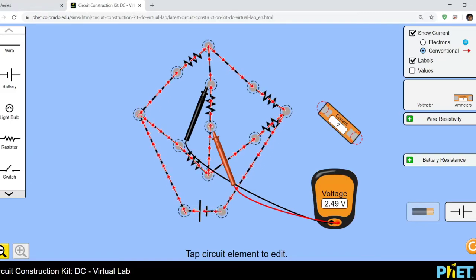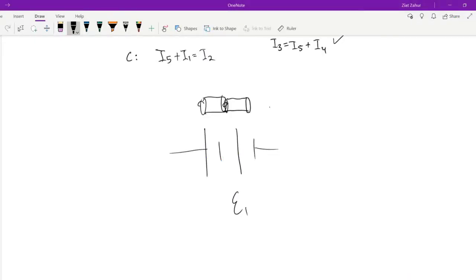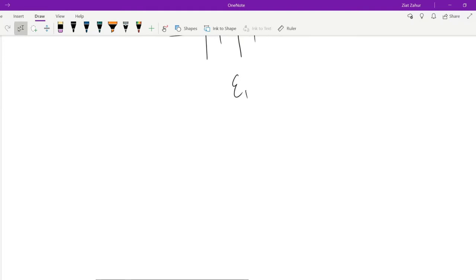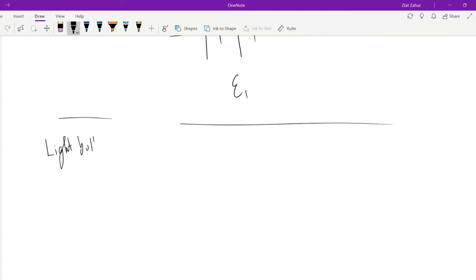Okay. Now, if these are light bulbs, we should talk about light bulbs a little bit more. Old-fashioned light bulbs. Did we already do this? I can't remember.